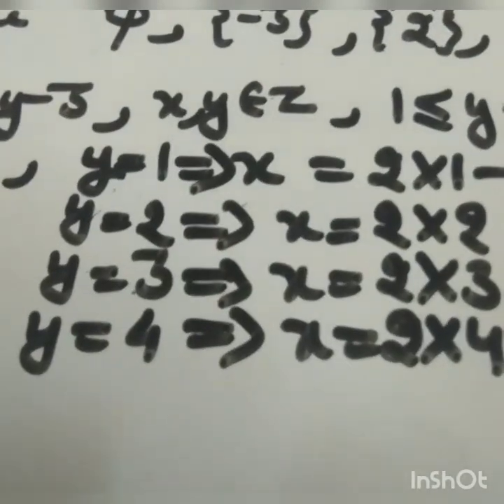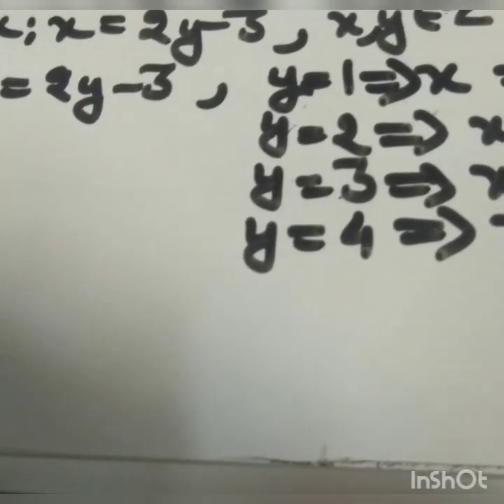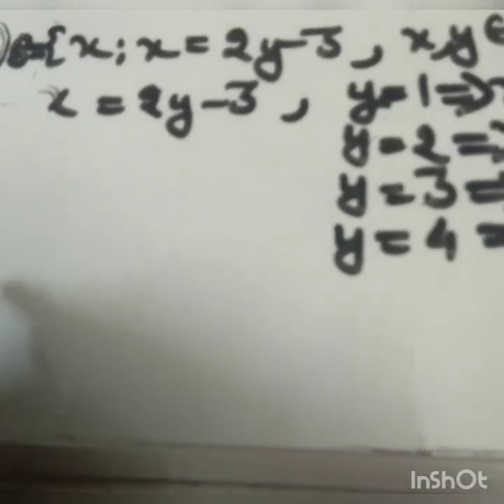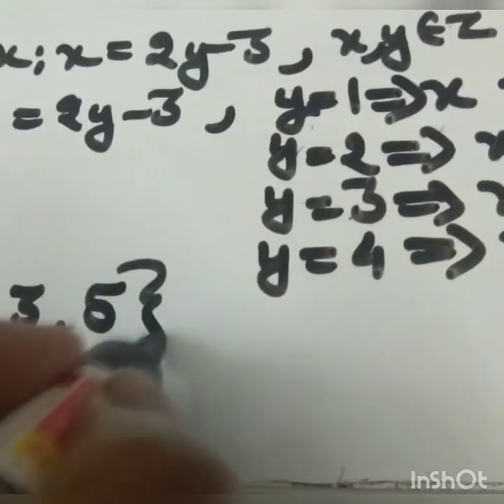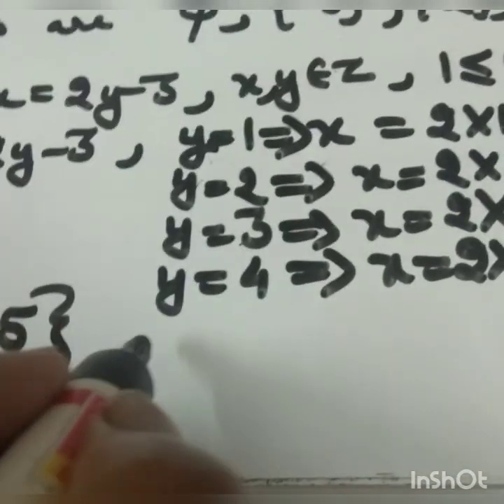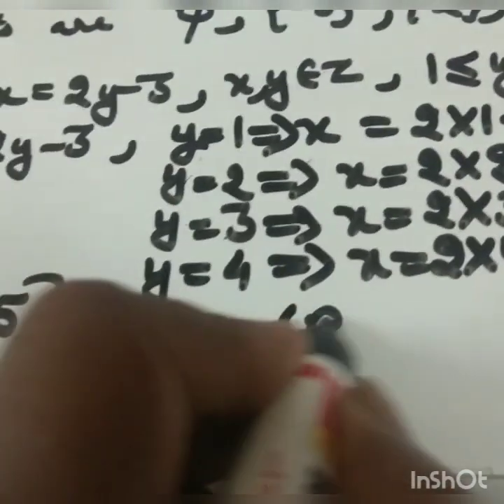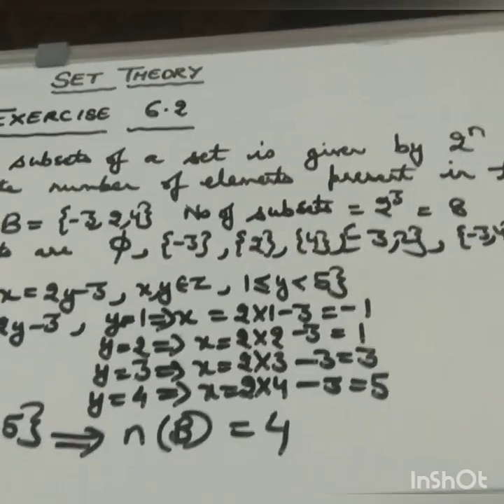So set B will be {-1, 1, 3, 5}, and this implies n of B is equal to 4. So this is how you will be writing the complete solution.